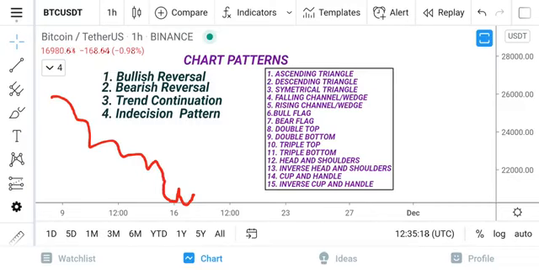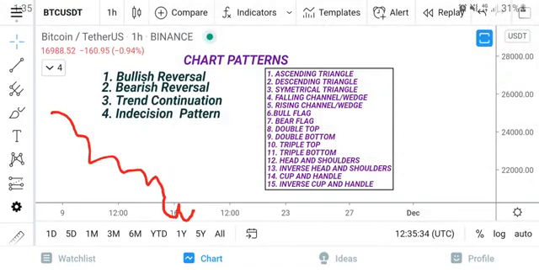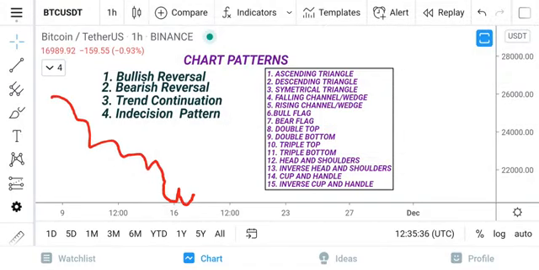So that's what a bullish reversal chart pattern does. If the price has been going down for a while and you notice a chart pattern, it is telling you that the downtrend is coming to an end and the trend is going to switch towards an uptrend.